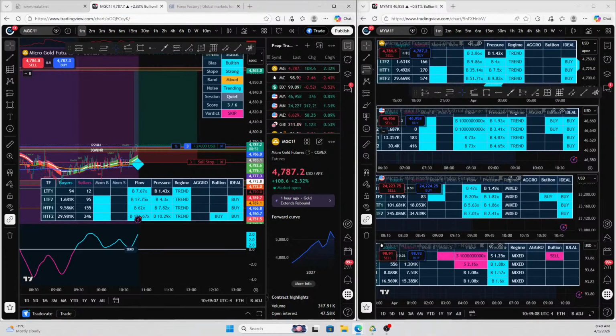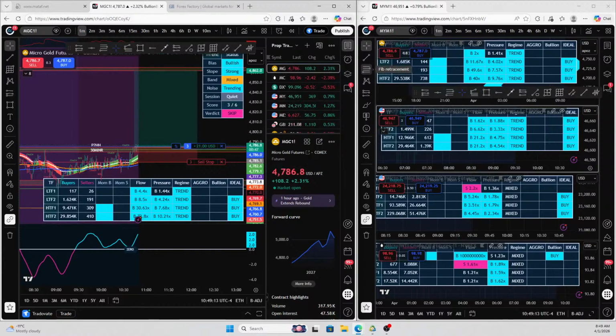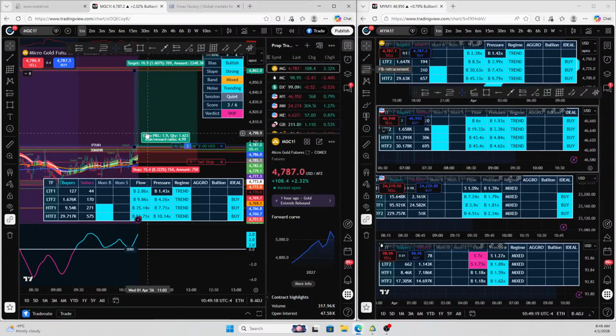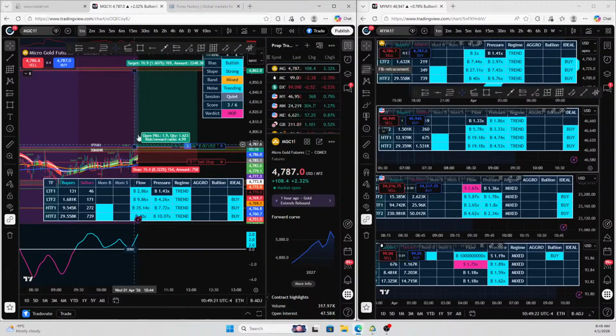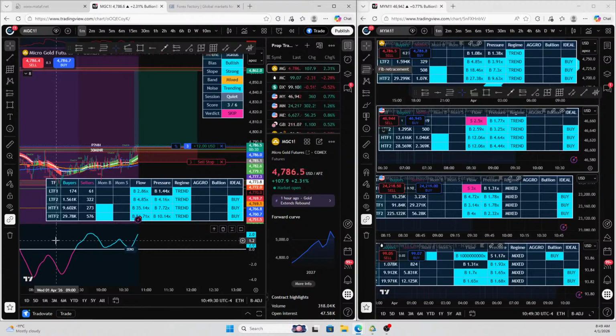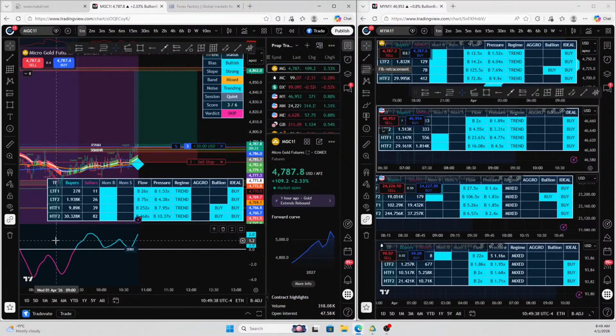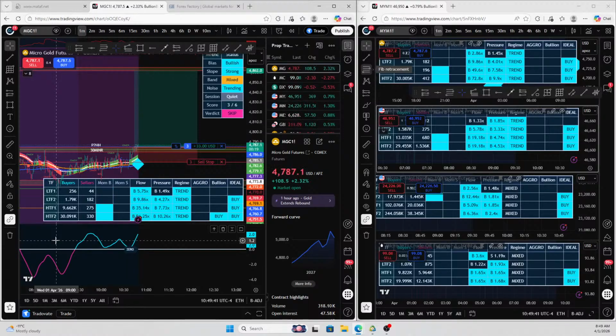Yep, volume is picking up. Yeah, it's a clean move. If we see the move happening, we should see a clean move to the upside. Any significant drop in volume, and we would be closing our trade. Right now we're seeing that push in the volume.